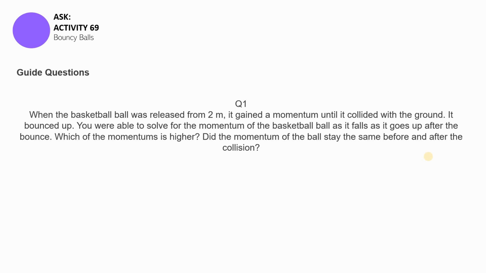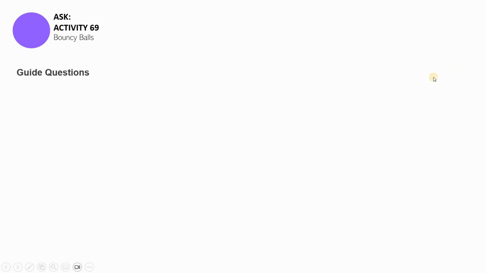Which of those momentums is higher than the other? Or is any one of them higher than the other? Did the momentum of the ball stay the same before and after the collision?